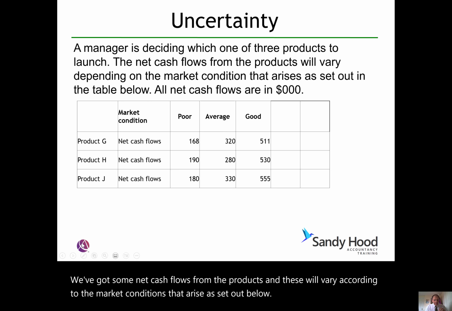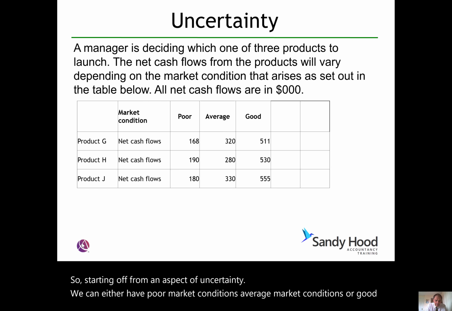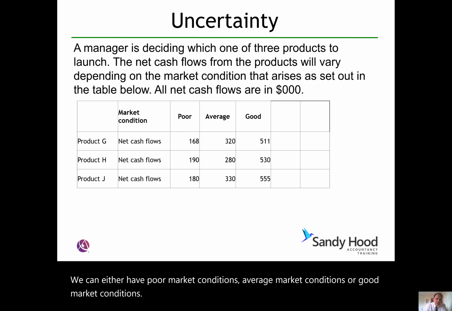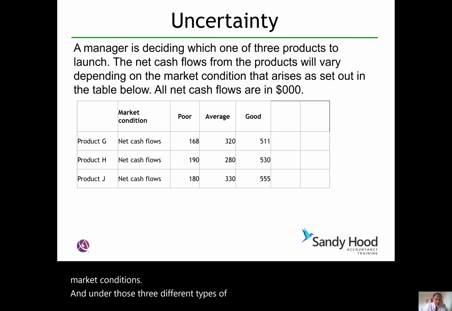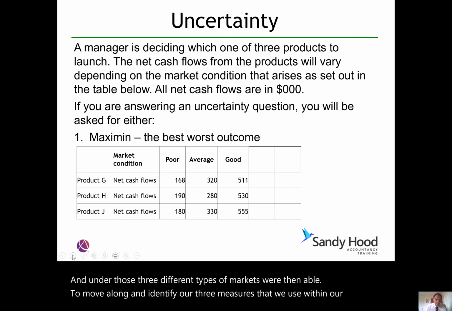So starting off from an aspect of uncertainty, we can either have poor market conditions, average market conditions, or good market conditions. And under those three different types of market, we're then able to move along and identify our three measures that we use within our assessment of uncertainty.